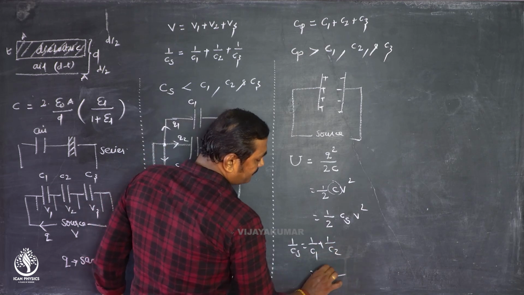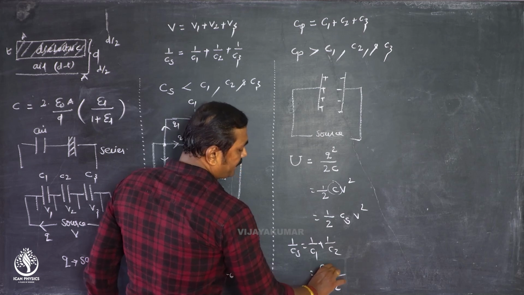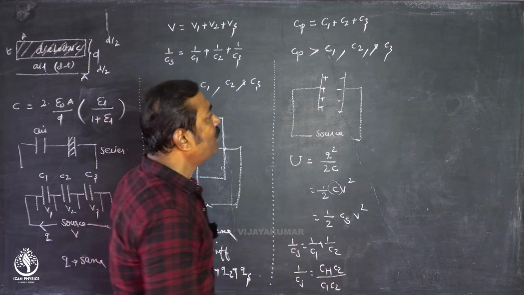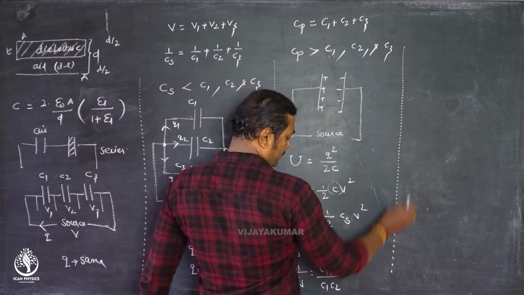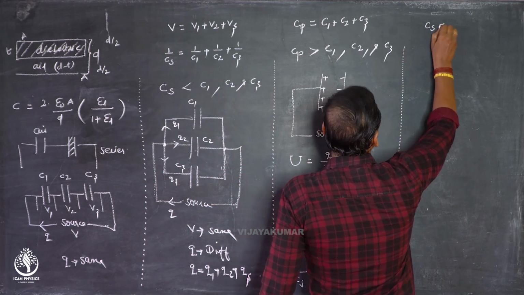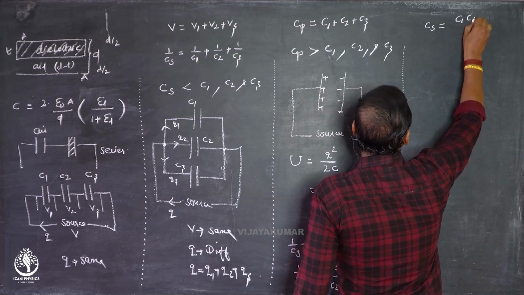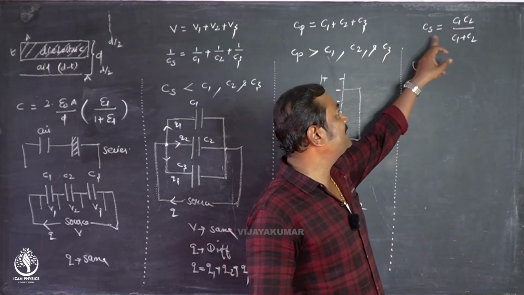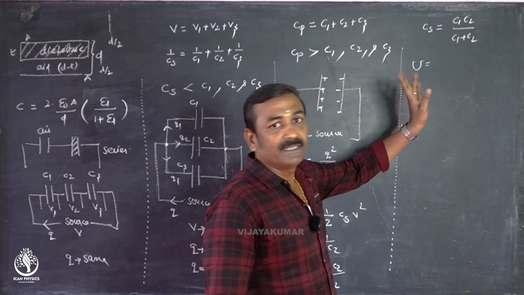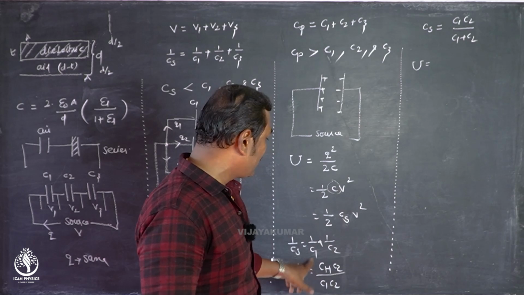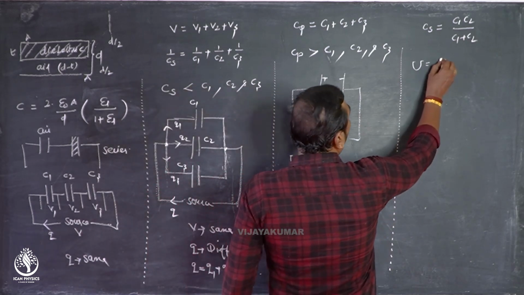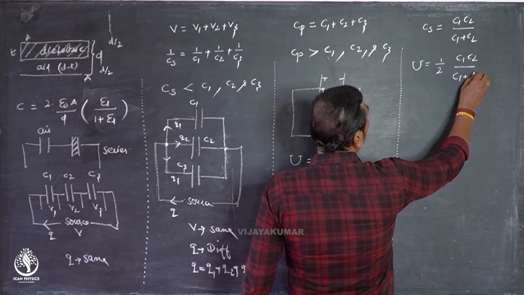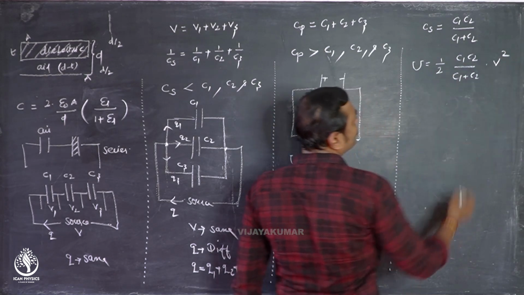By taking LCM, it becomes C1 plus C2 by C1 C2 equals 1 by Cs. Now taking the reciprocal, Cs equals C1 C2 by C1 plus C2. Now we can substitute the value: half into C1 C2 by C1 plus C2 into V squared.